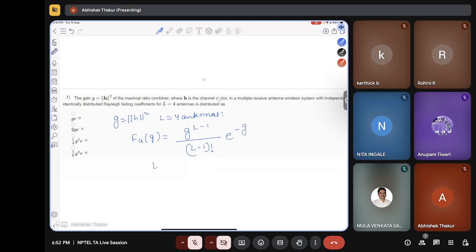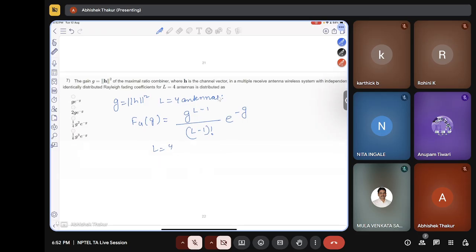So here L is equal to 4. So this will become g to the power of 3 divided by 3 factorial e to the power of minus g. So it becomes 1 by 6 g cube e to the power of minus g. So the distribution of gain is given by 1 by 6 g cube e to the power of minus g. Option D is the correct answer for this question.